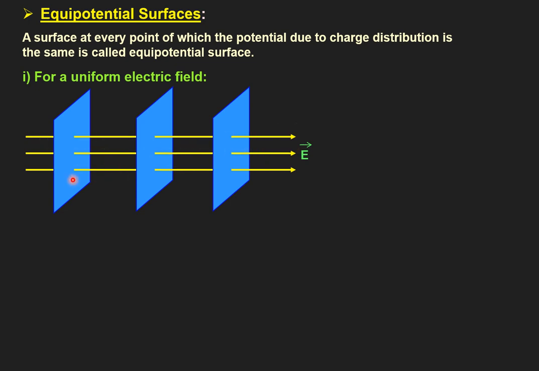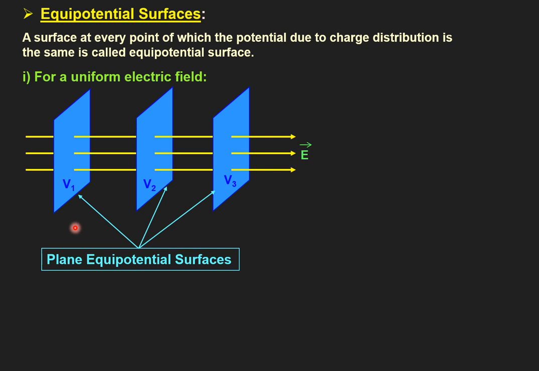These yellow parallel straight lines represent the uniform electric field. Whenever the electric field is uniform, plane parallel surfaces like these represent the equipotential surfaces.